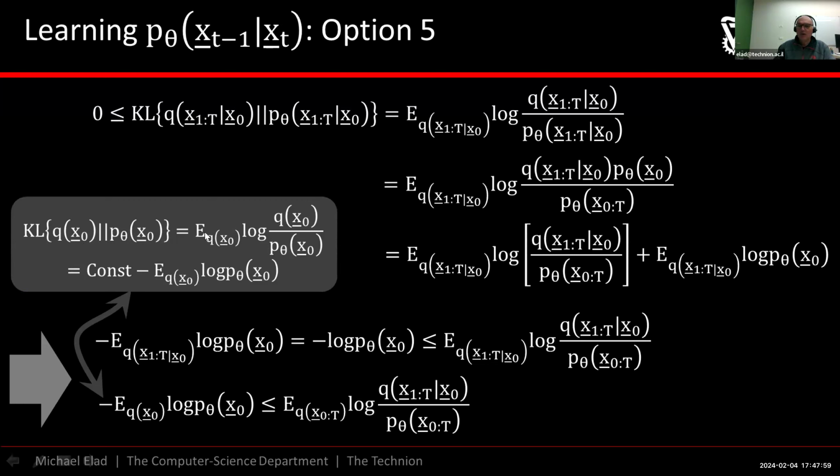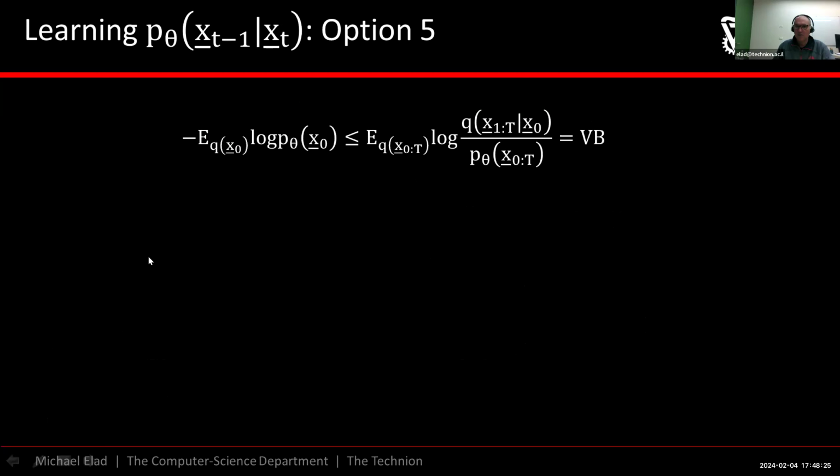It is expectation with respect to Q of x0, of log Q of x0, which is constant in terms of theta, so this is the constant, minus exactly this. So basically, up to a constant, this is exactly the Kullback-Leibler divergence between the true distribution and the one that we are learning. So minimizing this amounts to minimizing this, and we are trying to make the two as close as possible. Okay? So I'm summarizing.